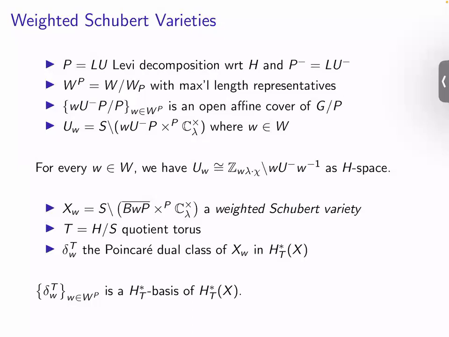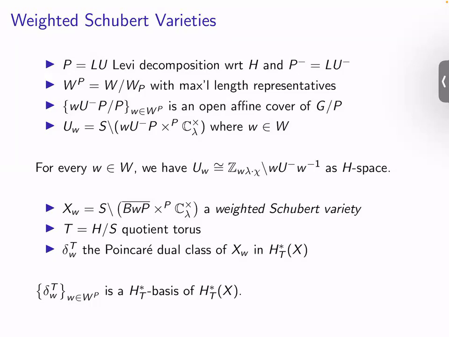So it's possible to prove that this U_w is a finite group mod affine space, and consequently, the weighted flag variety is an orbifold. I have this open cover by finite group mod affine space. Do the same thing to the Schubert variety. Start with a Schubert variety in G/P, pull it up into Z, quotient out by S, call that the weighted Schubert variety.